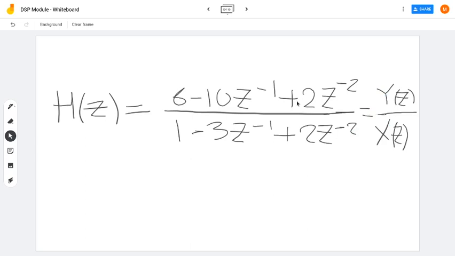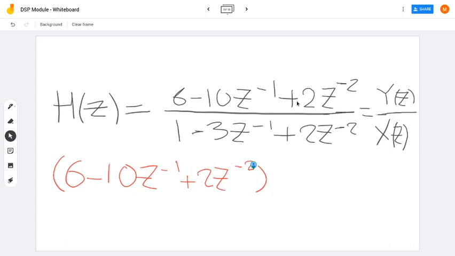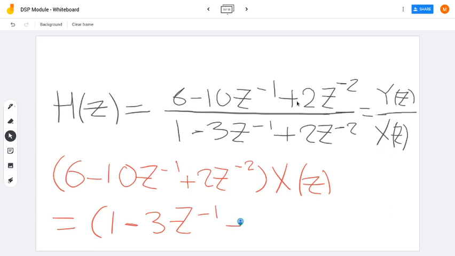We will be having this polynomial in the numerator multiplied by X of z. It will be equal to the polynomial in the denominator times Y of z.